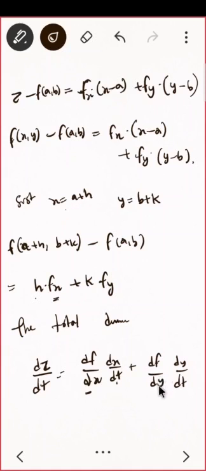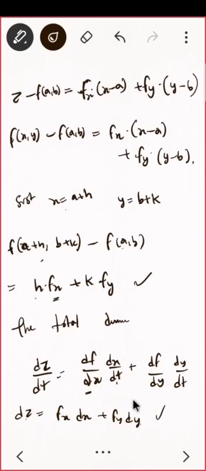And this is dy by dt, that is k. So what will be your total derivative if you want to write? Then the total derivative is just dz equal to fx dx plus fy dy. That measures the change, correct? Dz means I want to take the difference. Either you write this one or you write this one.